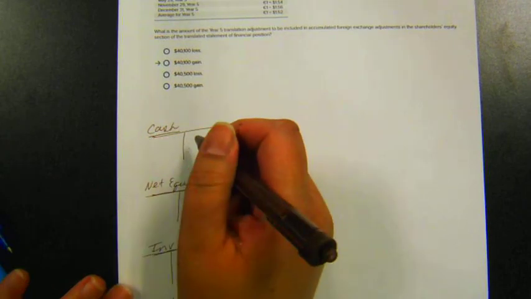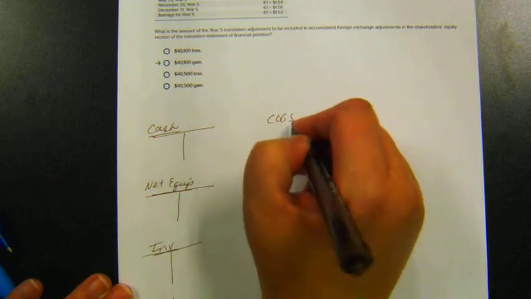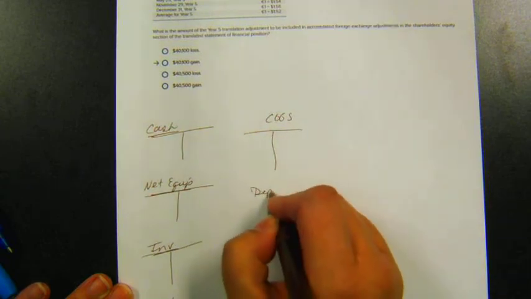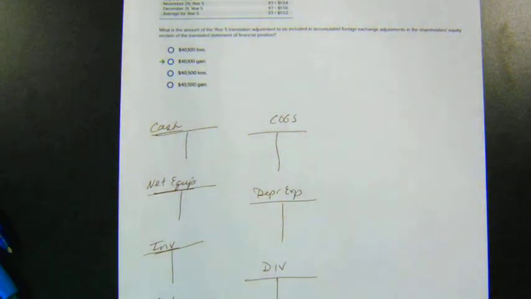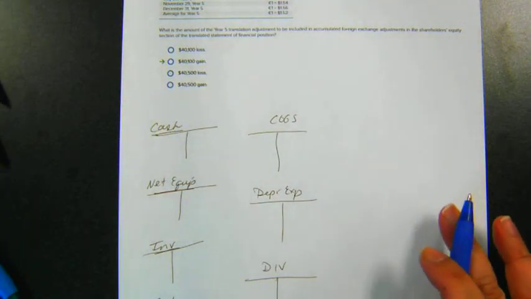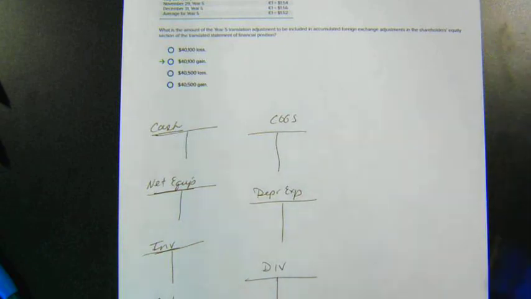So I want to first do some T accounts: cash, net equipment, inventory, sales, cost of goods sold, depreciation expense, and dividends. You don't need to do these T accounts for this, but I find it helps if students get stuck. So basically, you're going to post the few entries that this company has done.